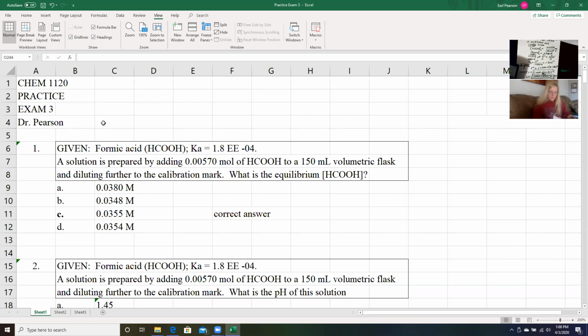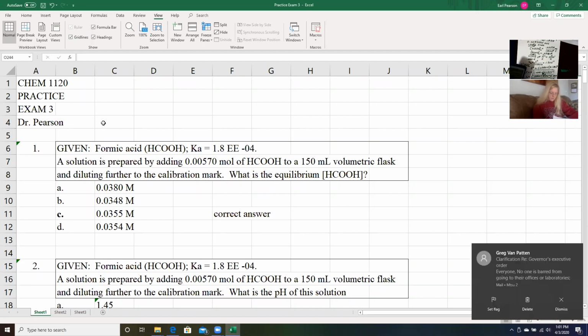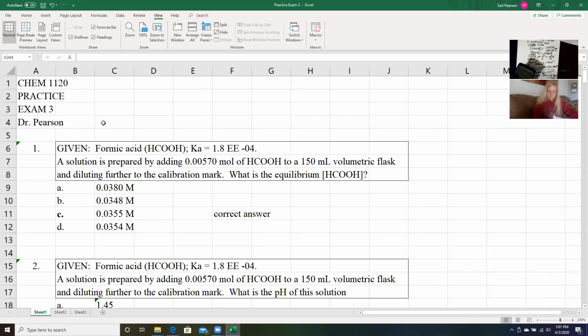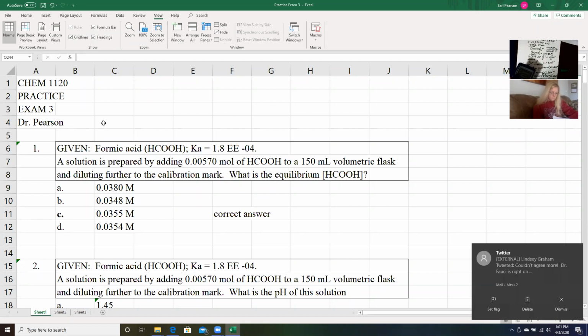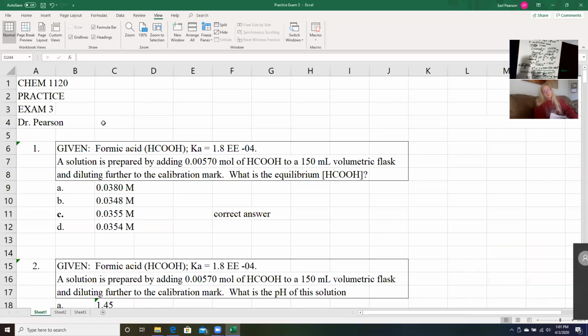It's plus or minus 1 in the third significant figure, but I only need 2. So I think I'm going to stop right here. I'm going to say the hydrogen ion concentration, that's the X I just calculated, is going to be 0.00253 molar.